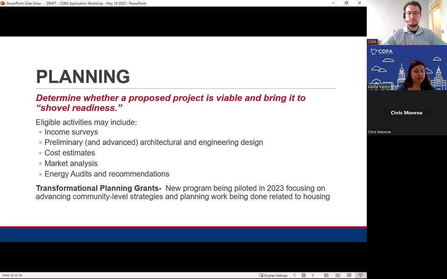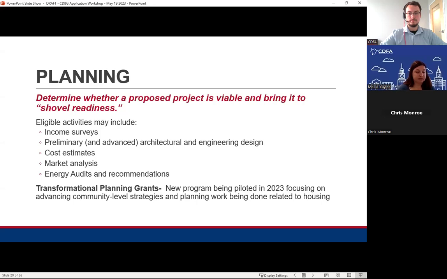Some examples of activities that can be funded under our CDBG planning program include doing preliminary architectural and engineering design, doing cost estimates and market analysis for the project, energy audits, and sometimes income surveys if you need to hire somebody, if there's a large enough sample that needs to be income surveyed.